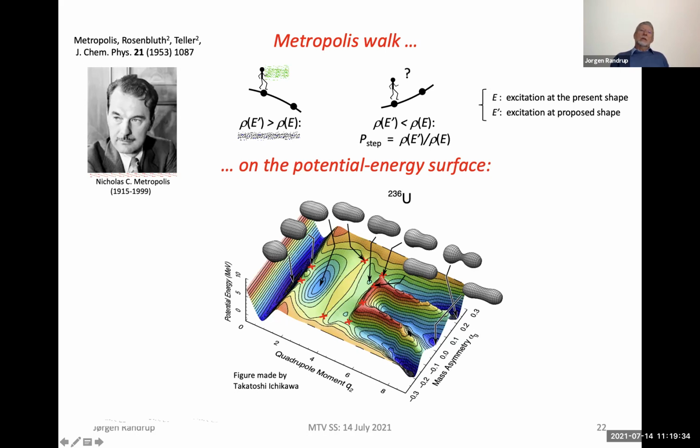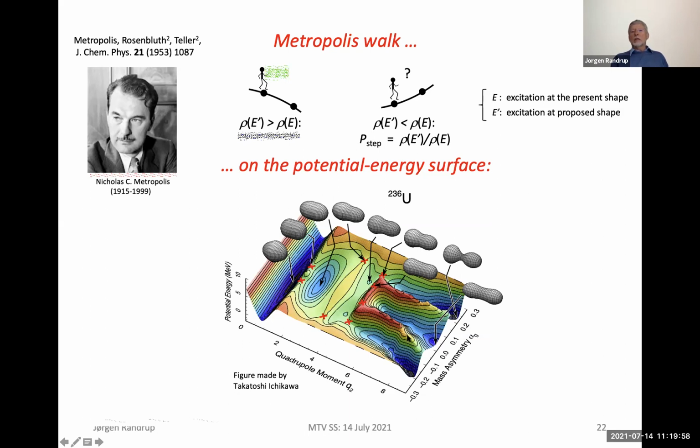I think I talked about that last year maybe. It's actually very interesting because you can imagine to go around here, there's not very much excitation energy just as you go around. So this means you are very sensitive to structure effects in the level density. And because of pairing, there are huge structure effects.